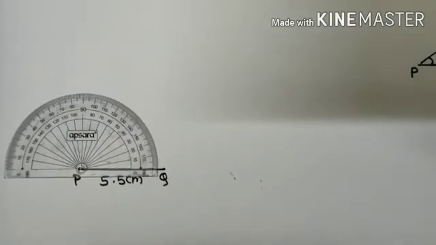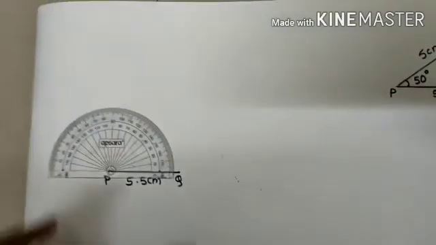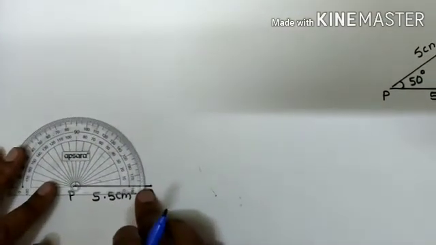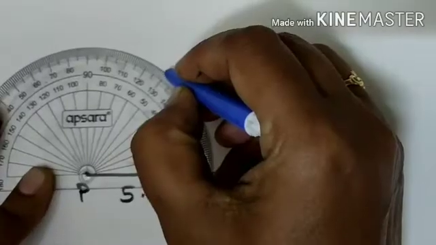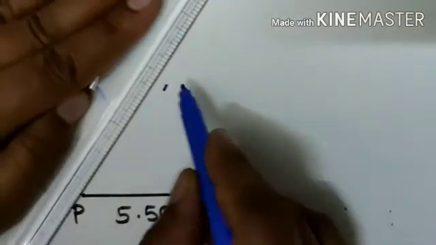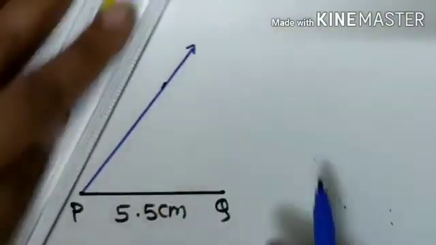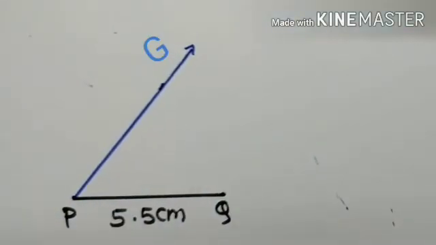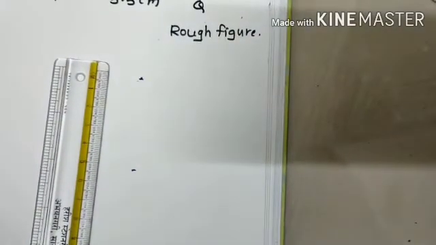Ray PG is drawn so that angle GPQ is of 50 degrees. Open the compass to 5 cm.